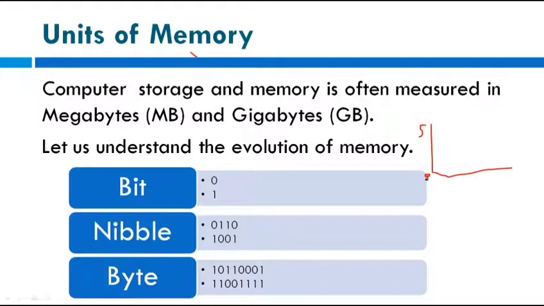When we talk of digital signals, the signals will either be high or low. Either it can be 5 volts or 0 volts, that's all. The 5 volts will represent the signal high and the 0 volts will represent the signal low.